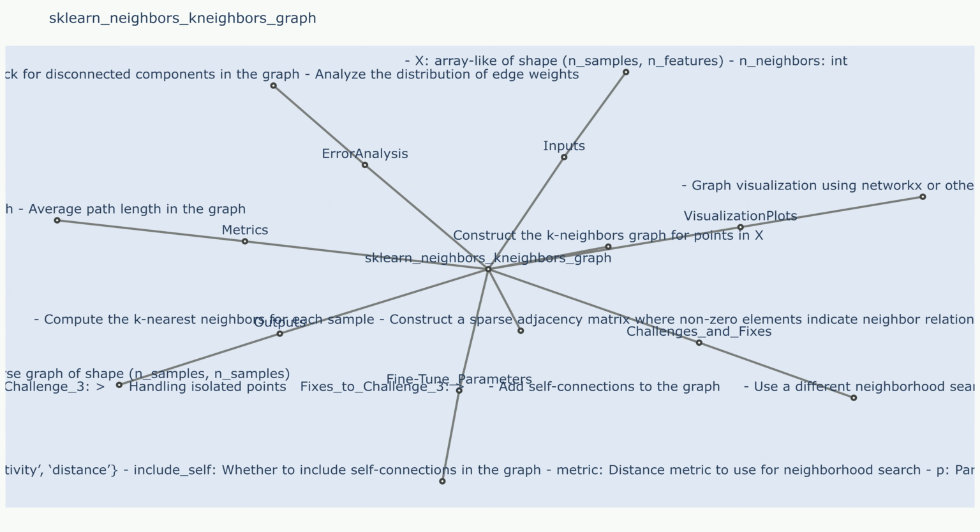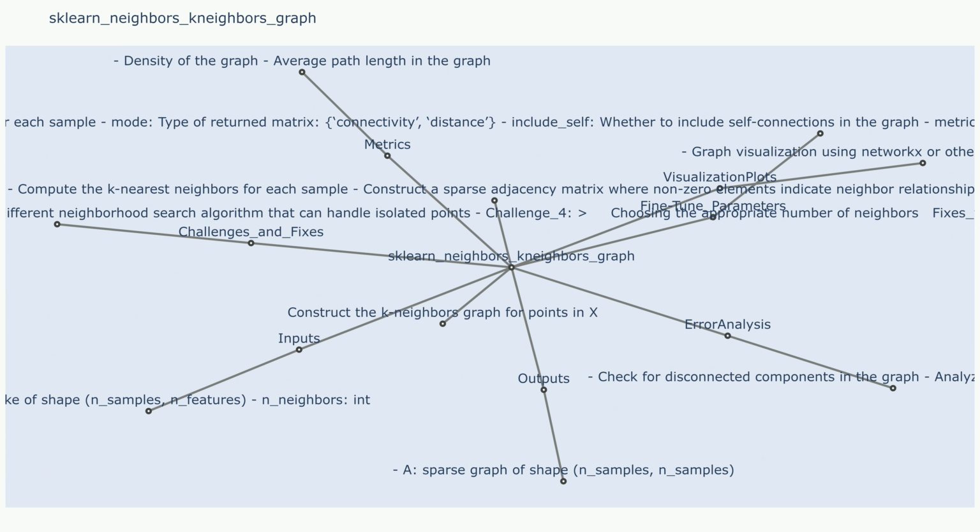Steps: for each data point in the input dataset X, the algorithm finds its k-nearest neighbors based on the specified distance metric. The algorithm constructs a sparse adjacency matrix A, where each entry a_ij represents the connection between data points i and j.